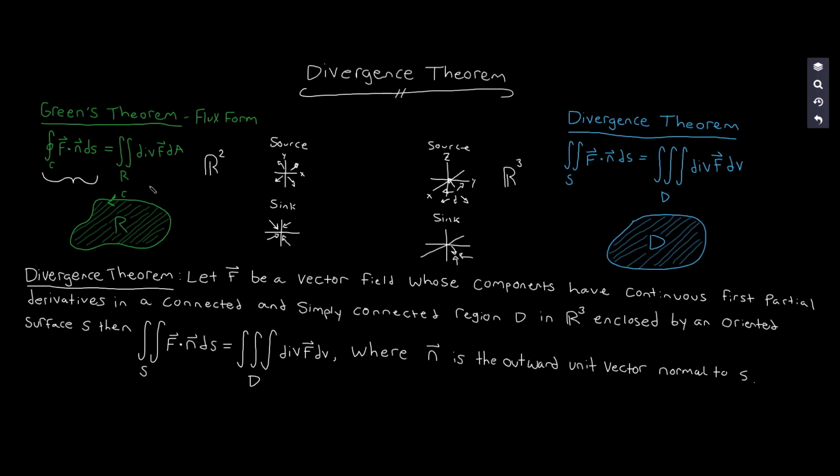It's calculating the total outward flux of a vector field, vector f, across that boundary curve by taking the dot product of the field with the outward unit normal vector, vector n, with respect to the arc length, which is ds. Mind you, this takes place in the second dimension. So again, in 2D space, flux measures how much a vector field passes through a closed curve.